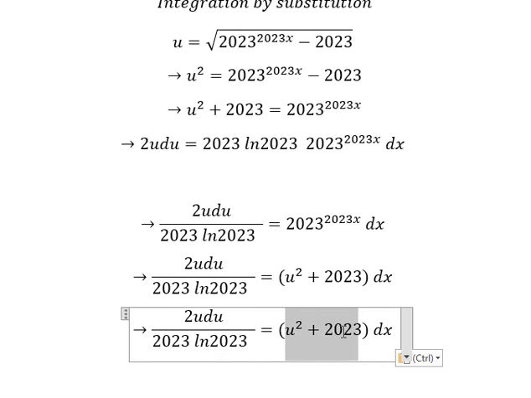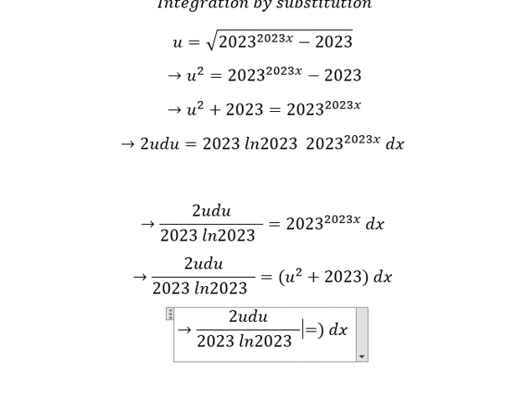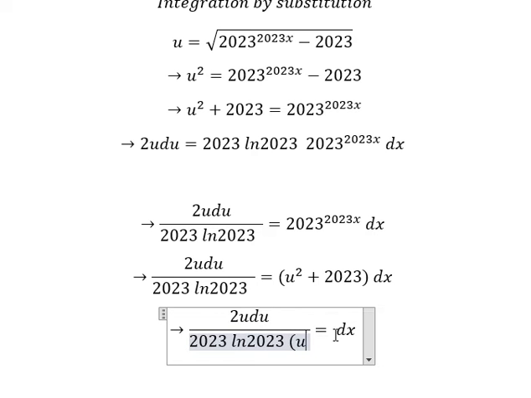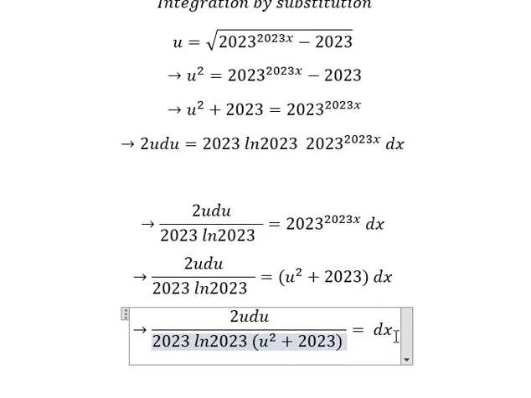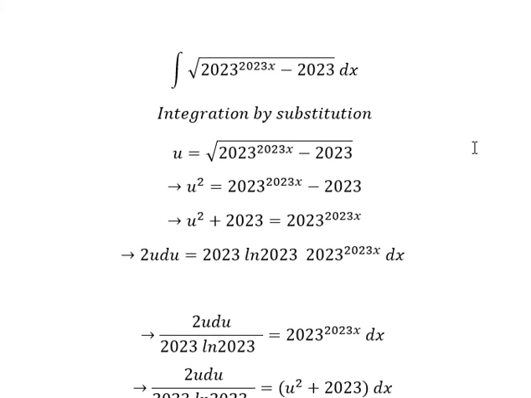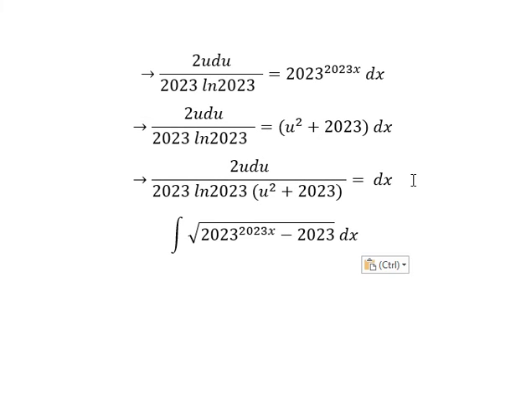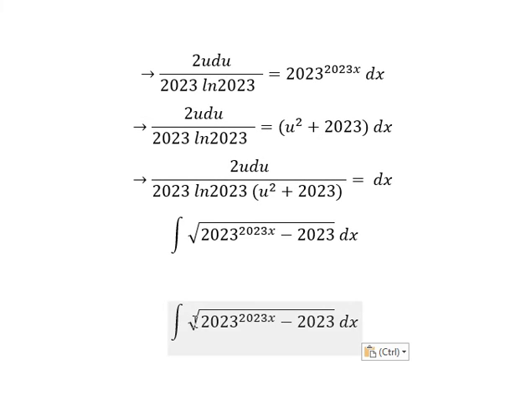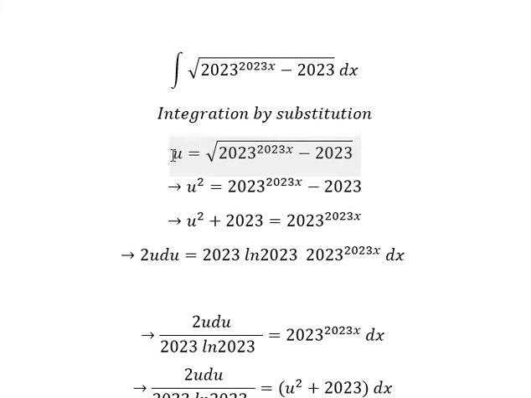Next, we divide both sides by this one. Now we go back in here. So the square root we change by u.